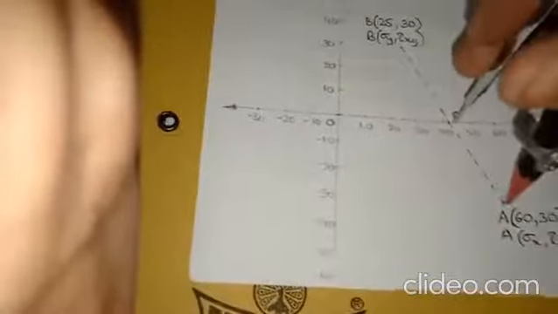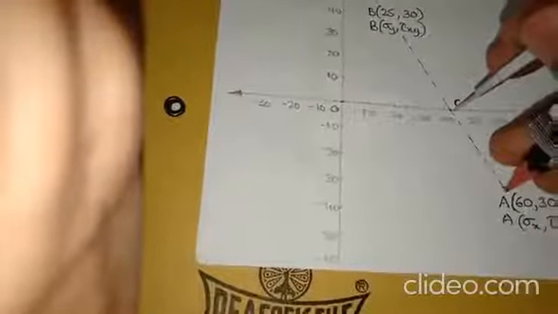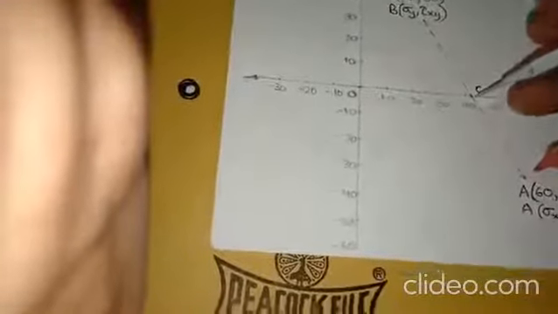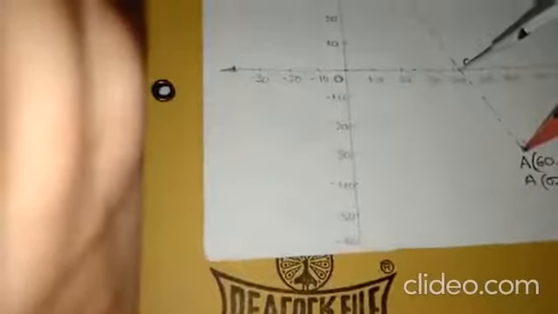With C as center and radius AC, we will draw a circle.